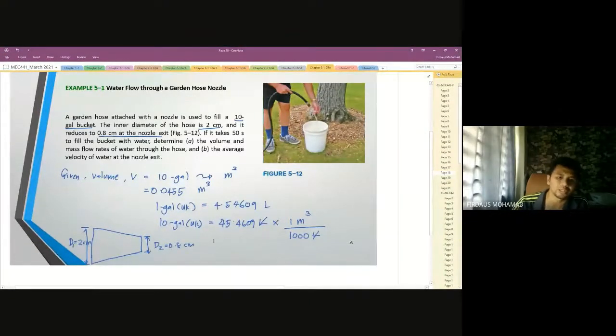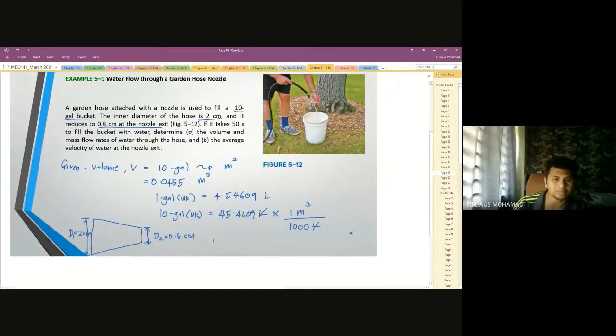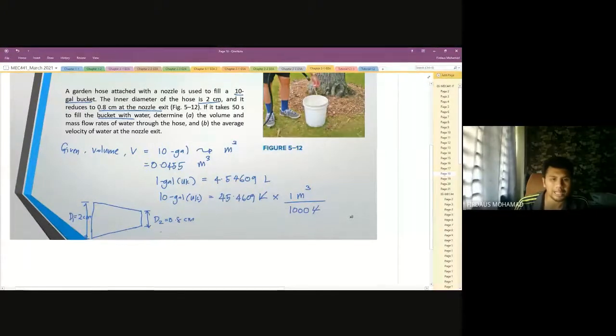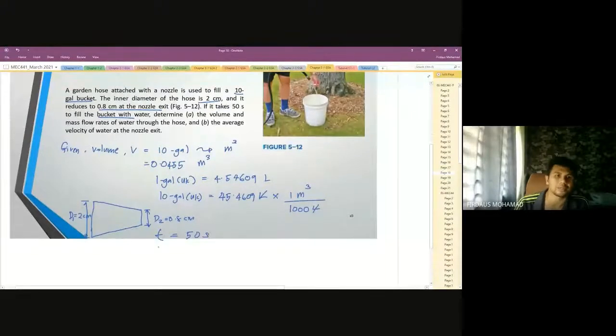This is the given diameter for the nozzle. And it takes 50 seconds to fill the bucket with water. So time equals 50 seconds.